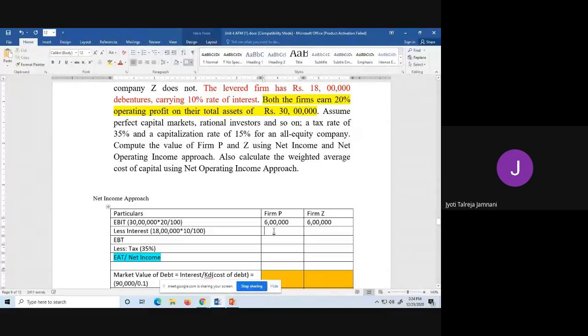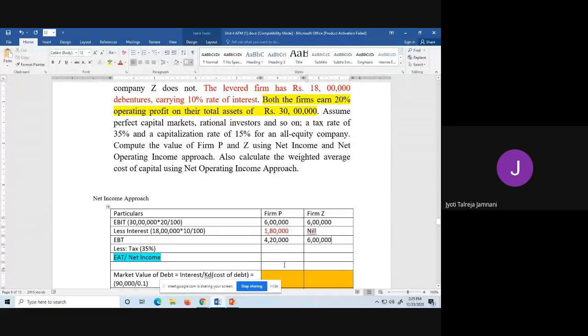That comes to 1 lakh 80,000, and for Company Z it is nil because Company Z doesn't issue debentures, so it doesn't have debentures. Now 4,20,000 is EBT for Company P and 6 lakh for Company Z.